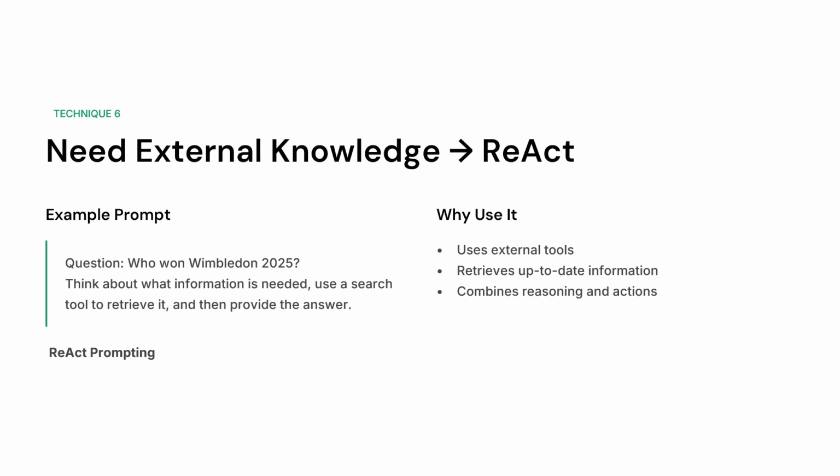For this, you need to interact with other APIs or databases like the Wikipedia API. For such cases, you require ReAct prompting, where you ask Wikipedia or any other source for the up to date information to answer the question correctly.